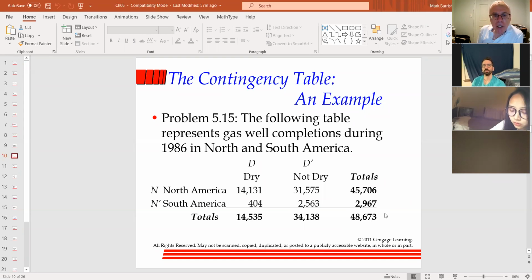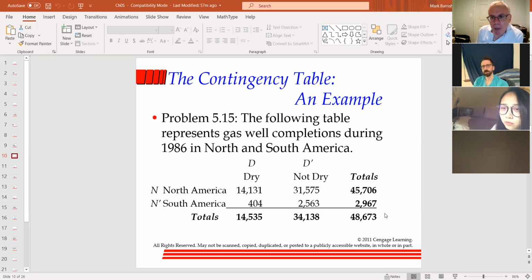If you picked a well at random, what's the probability that it's not dry? Could you repeat the question? If you pick one of these gas wells at random, what's the probability that it's not dry? Oh, 34,138 over 48,673.